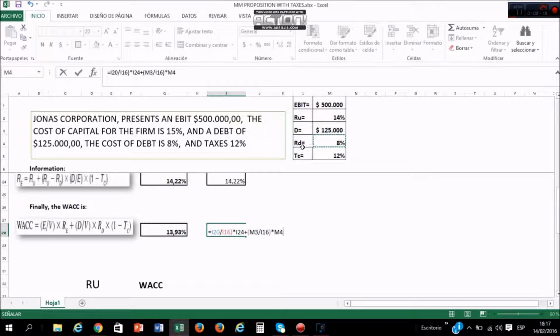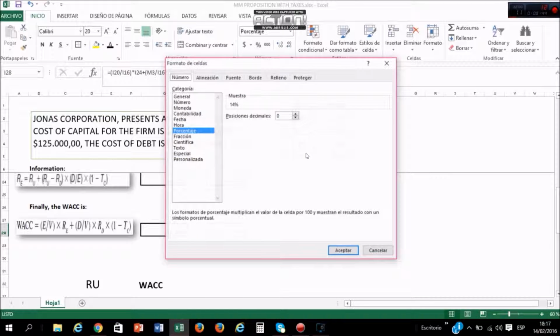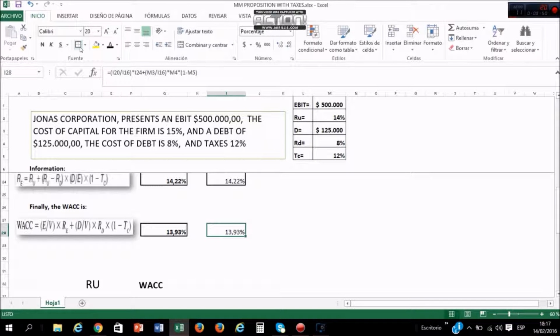Remember the RD is the cost of the debt, multiplied by the tax shield, 1 minus 12%. So we have to put one parenthesis. It has the same quantity that we have already calculated before. So finally, the WACC for Jonas Corporation is 13.93%.